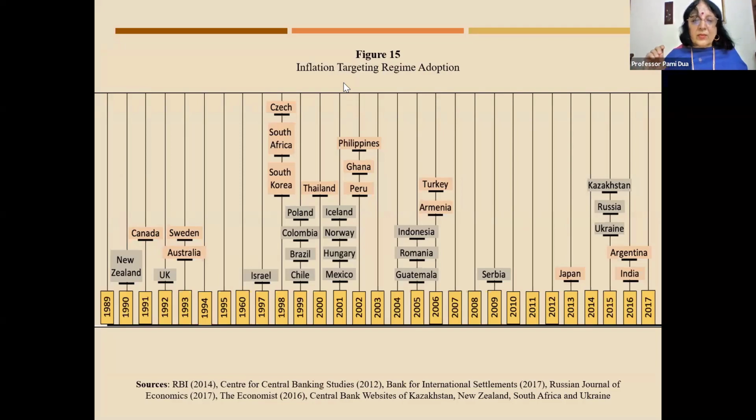This approach to inflation targeting was first adopted in 1990 by New Zealand, and it is still on that framework, which means there must be some confidence in this framework. Along the way, many other countries have also adopted the framework. India entered this scene in 2016, but before that, many other countries had joined. So this is a robust framework to adopt.